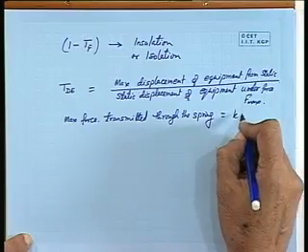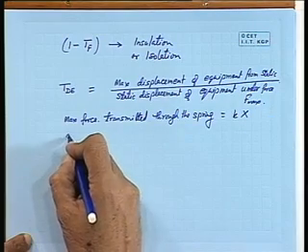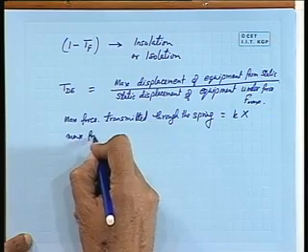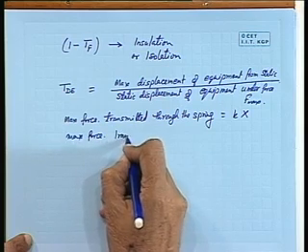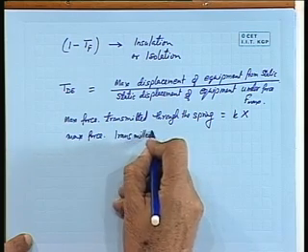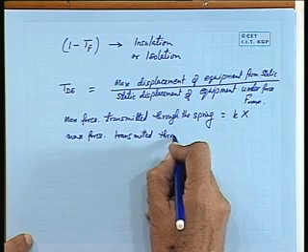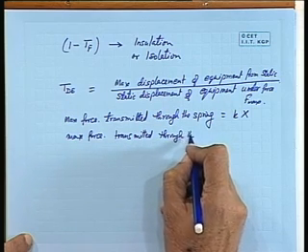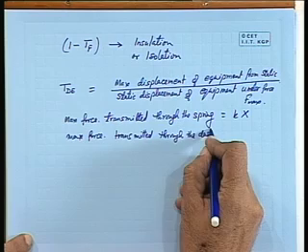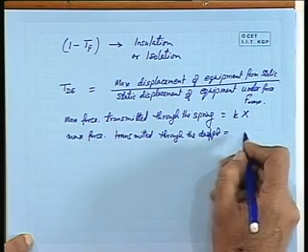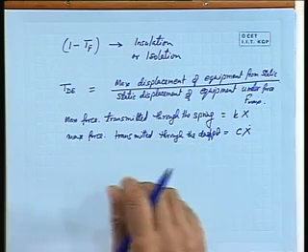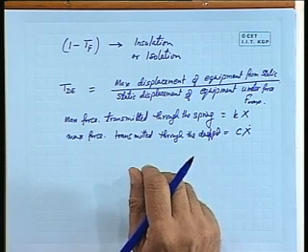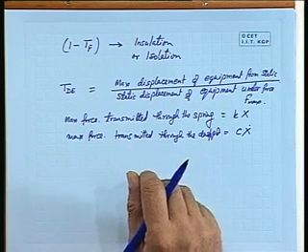So, k x t is the force, and the maximum will be the maximum value of x t. So, I will write it as capital X here, and the maximum force transmitted through the dashpot is C x dot.